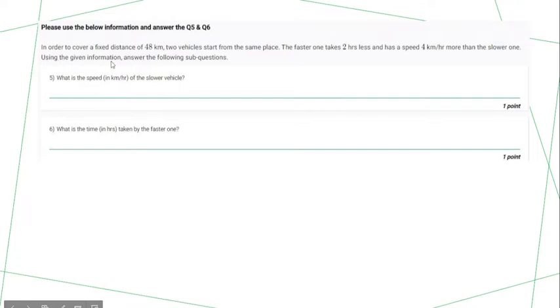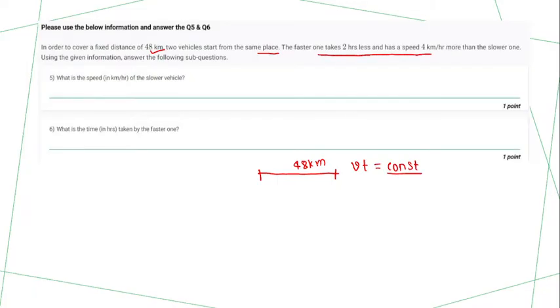Here it is stating that in order to cover a fixed distance of 48 km, two vehicles start from the same place. In this case the distance is fixed, that is 48 km, and we know that velocity times time is equal to constant. The faster one takes 2 hours less and has a speed 4 km per hour more than the slower one.